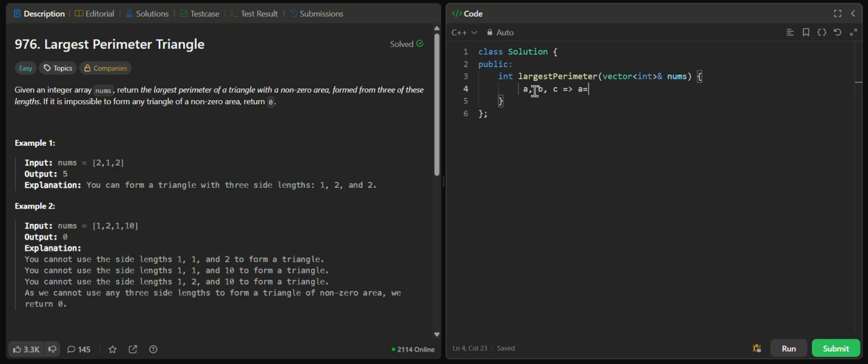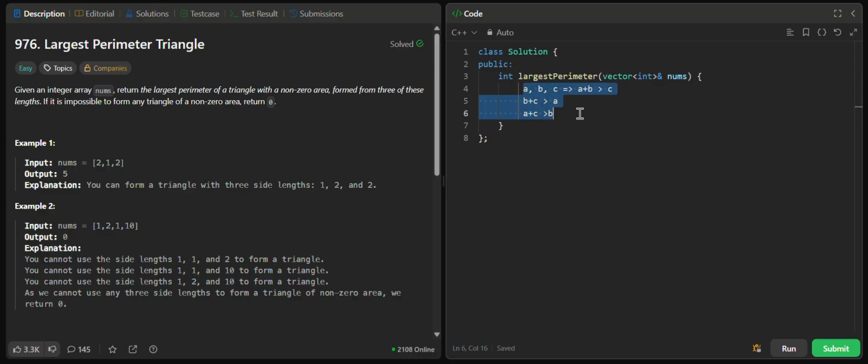So A plus B should be greater than C. And not only that, it should be valid for all three combinations: B plus C should be greater than A, and A plus C should be greater than B. So we should follow all three conditions to make the triangle.